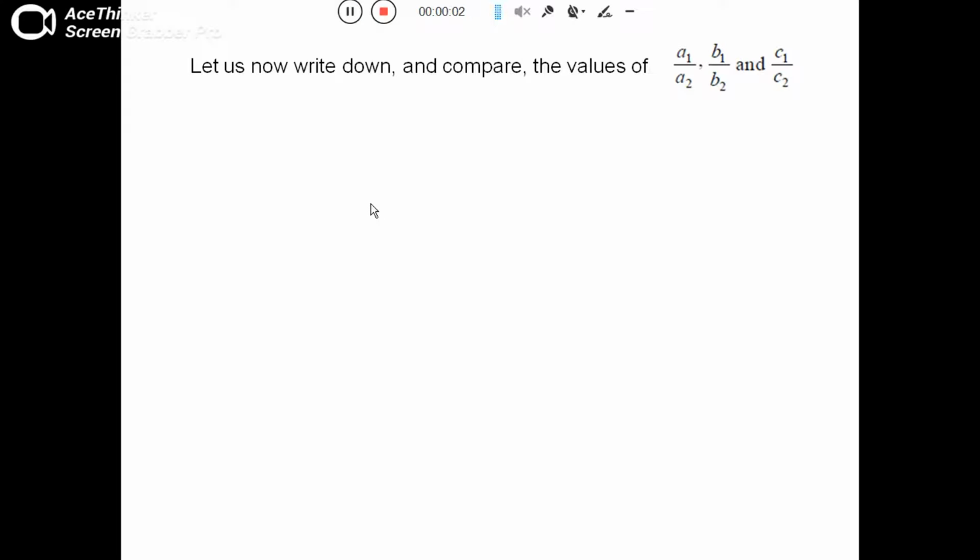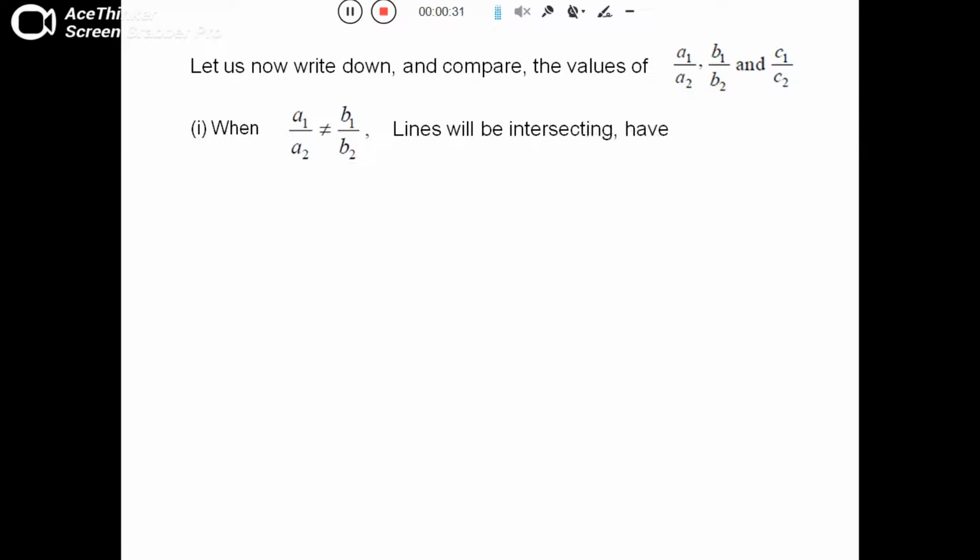After getting the values of a1 upon a2, b1 upon b2 and c1 upon c2, let us see what will happen. Now the first condition is when a1 upon a2 is not equal to b1 upon b2. If you get this condition, the lines will be intersecting.